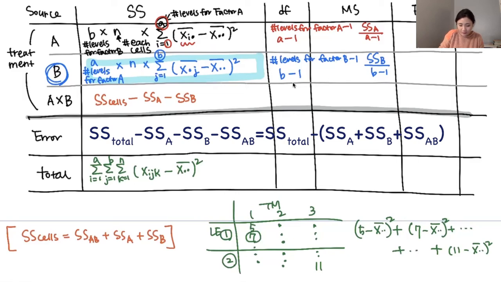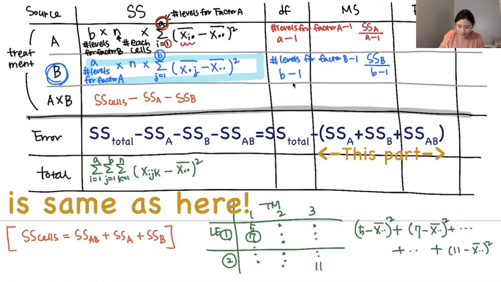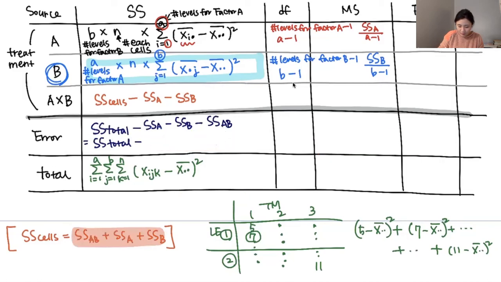Let's see. This part is the same as this one. This part is the same as this one. So we can rewrite sum of square error as sum of square total minus sum of square cells.